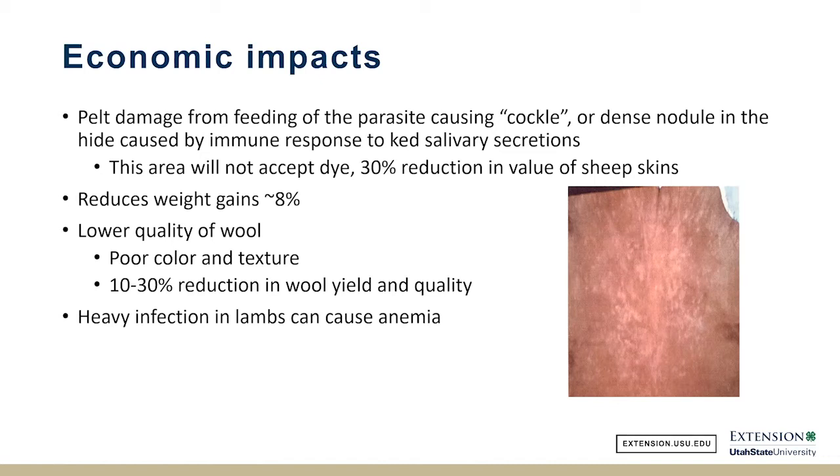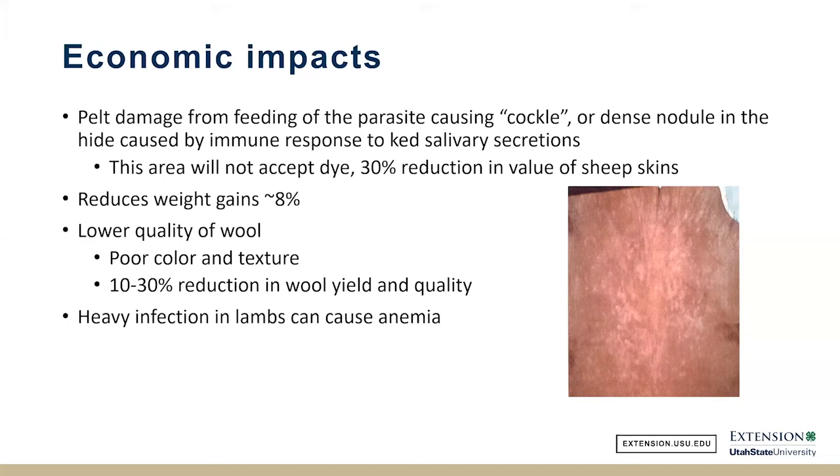So this really drives down the value of our pelts if you're trying to sell pelts to people. And furthermore, it actually reduces weight gains in our animals. So we can expect roughly an 8% reduction in weight gains.